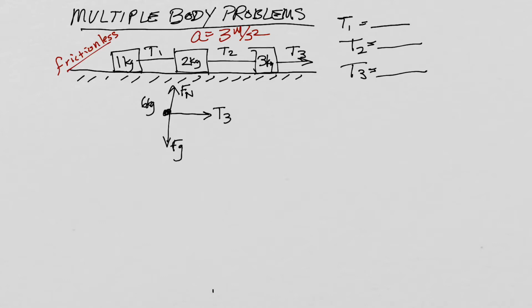When we do that and we use Newton's second law, then T3 equals 6 kilograms, that's the mass, and the acceleration is 3 meters per second squared, and so that equals 18 newtons.